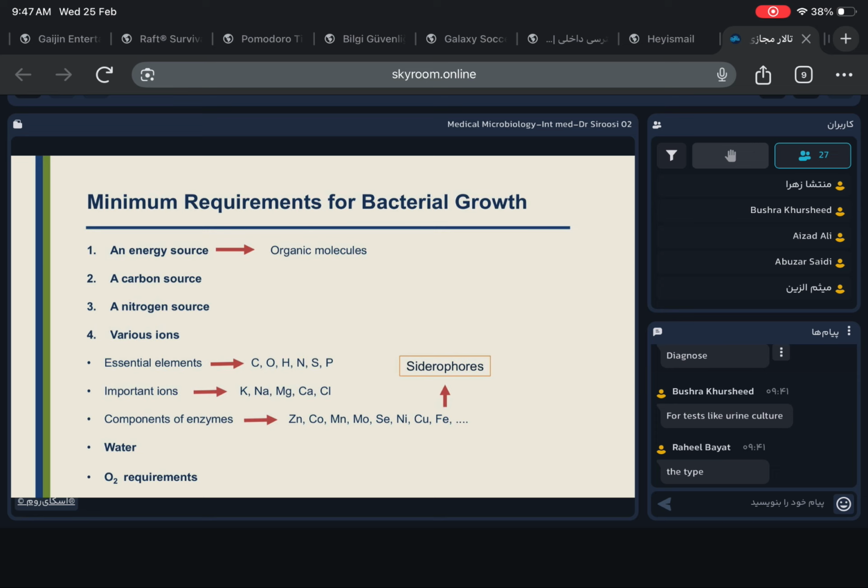For example, potassium, sodium, calcium, magnesium, chloride. These are important ions that bacteria need to have in order to grow. Carbon, oxygen, hydrogen, nitrogen, phosphorus, and sulfur, they are essential elements. Especially we talked about carbon and also nitrogen sources.